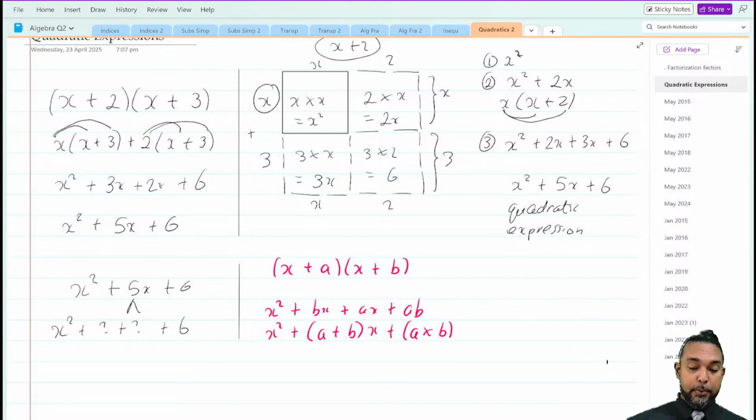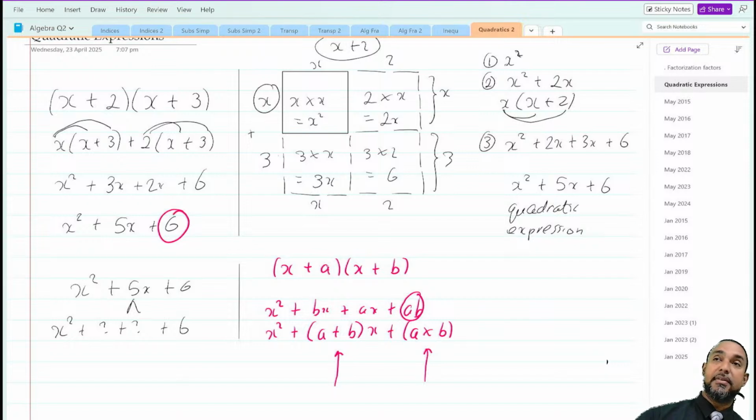So the same thing you were saying, we're looking for two numbers. Two numbers must fit two criteria. They must multiply to give us this term, and they must add together to give us the term in the middle. So the numbers we're looking for must multiply to give us 6 and add to give us 5.